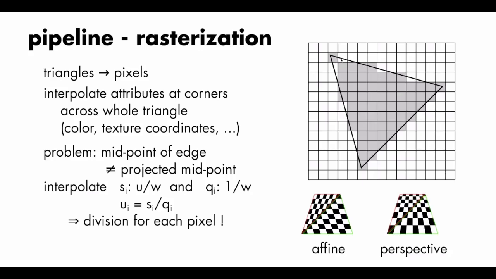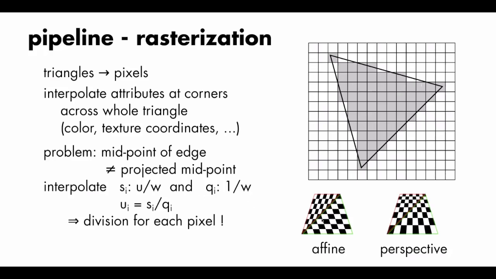If this point is very far away and this one is very close to you, then the midpoint might be here somewhere. But in this projected space, the midpoint is obviously more like here. And that's a problem, because to interpolate the values properly, you have to take perspective into account.